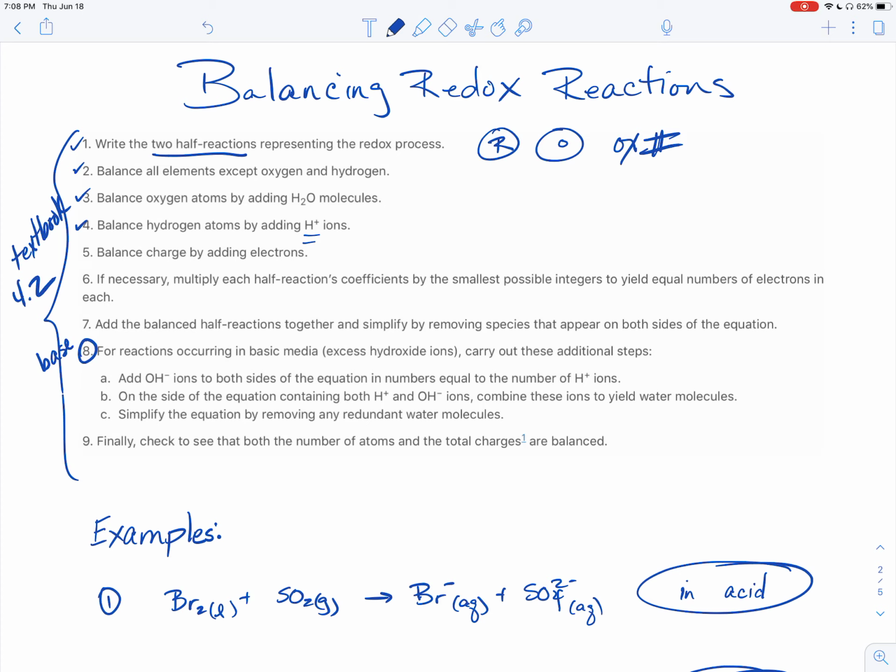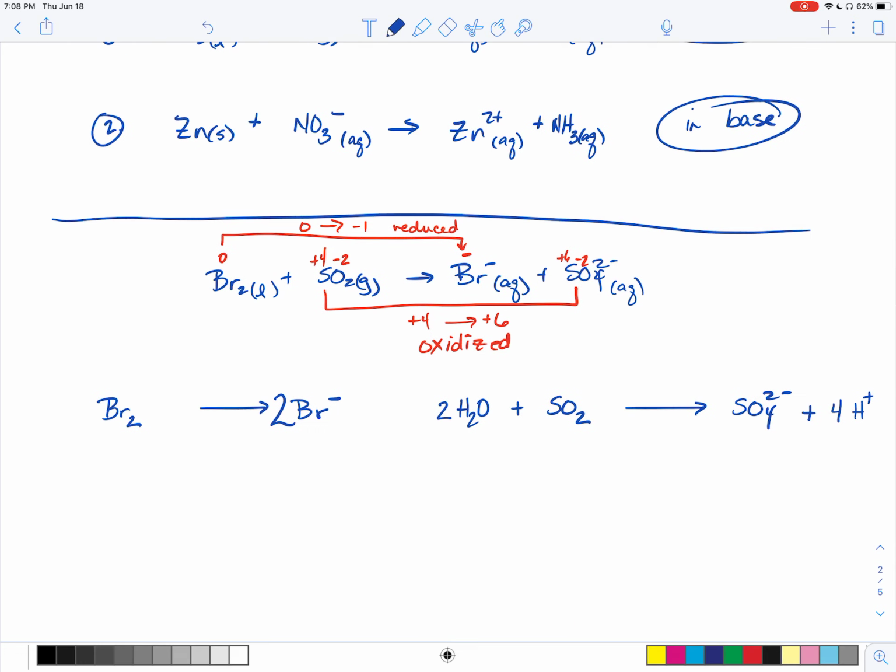So that's now step 4. Now what we want to do is balance the charges of each side of the reaction in total using electrons. Keep in mind electrons are negative, and so both sides have to sum up to the same value. So what is the charge of this side versus the charge of this side? Over here it is 0, and on the right-hand side it is -2.